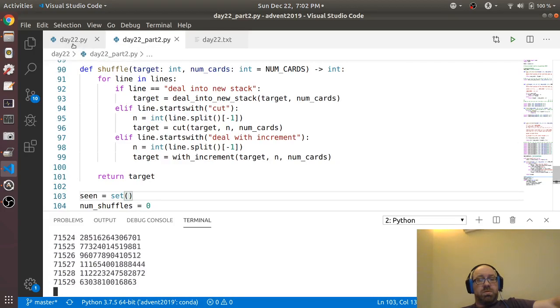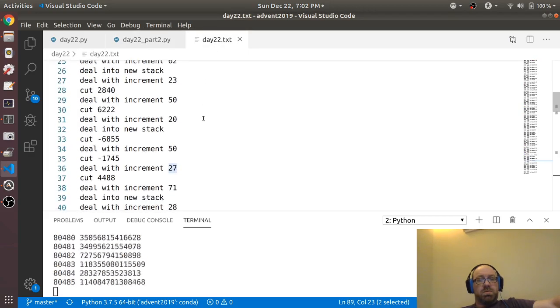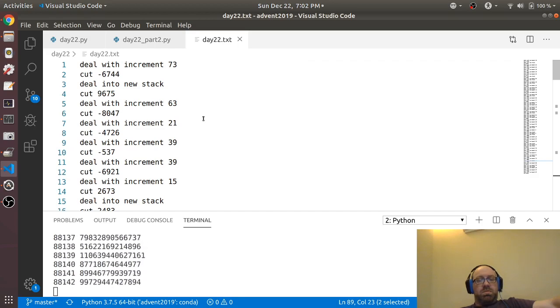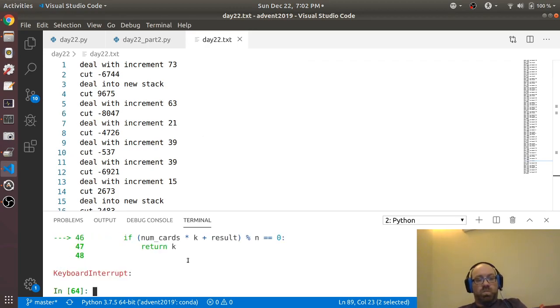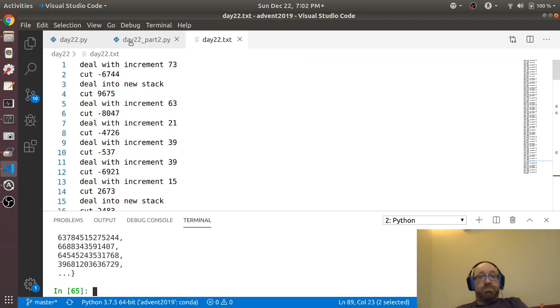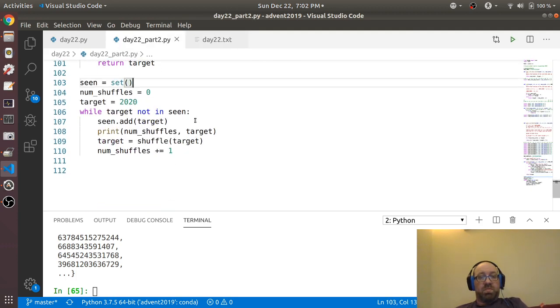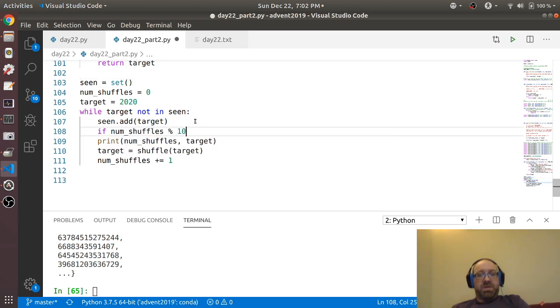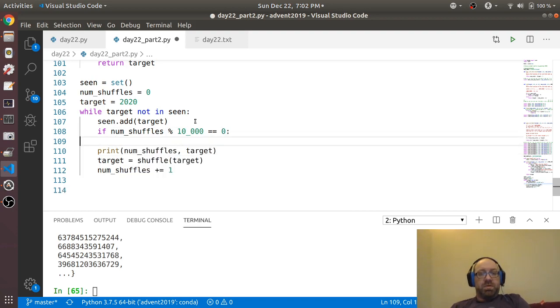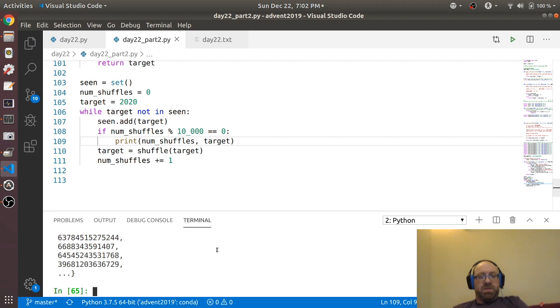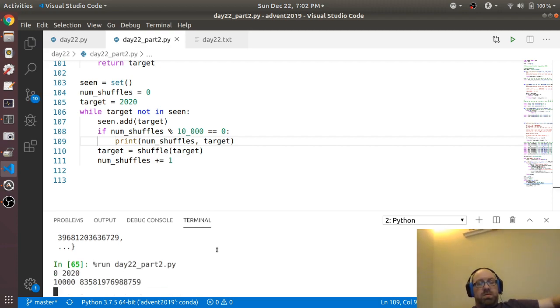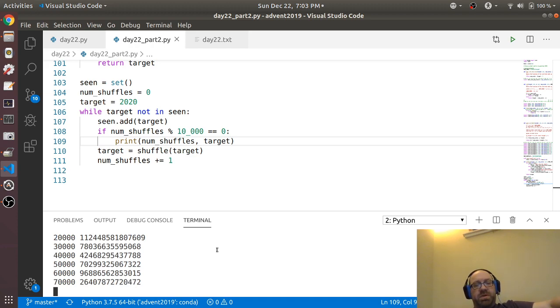So if num shuffles mod 10,000 equals 0, I won't print very often because printing is slow. So I was hopeful that this would find a cycle, but it doesn't look like it's going to find a cycle.